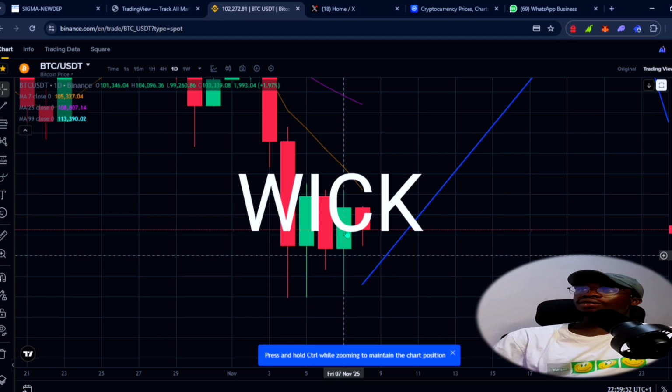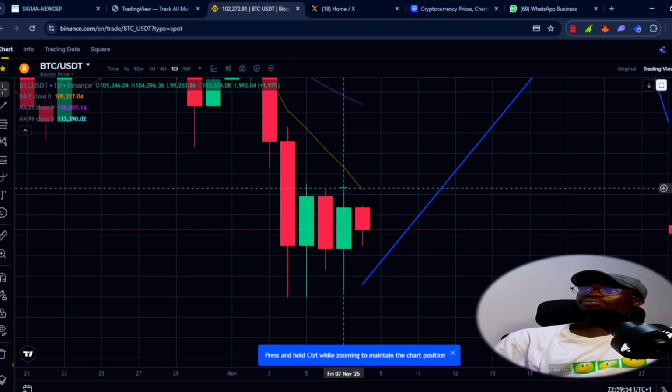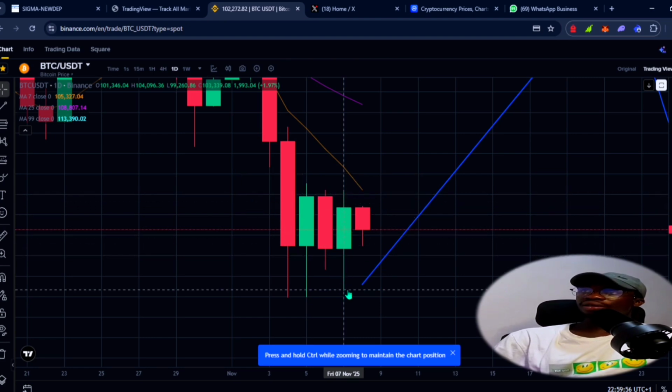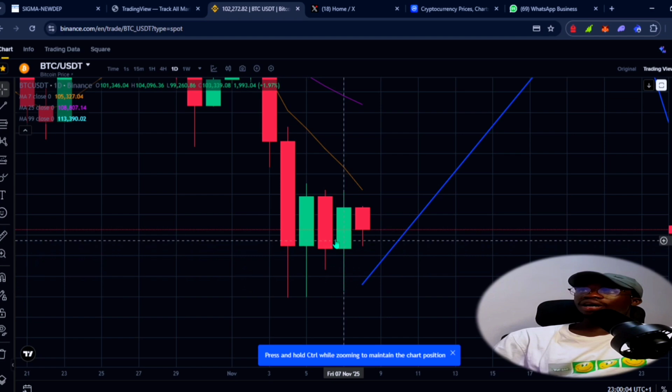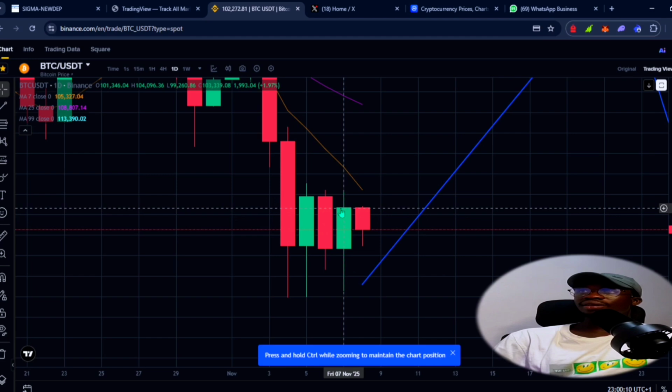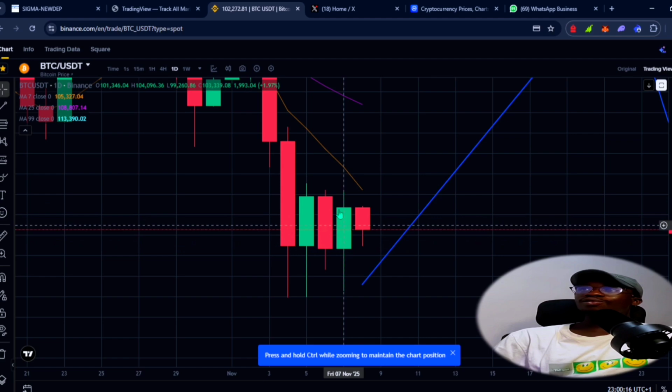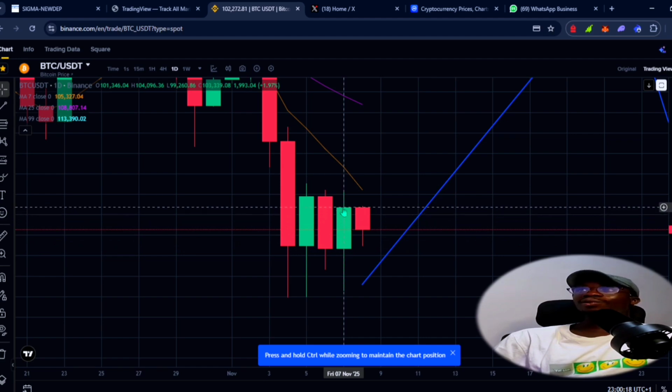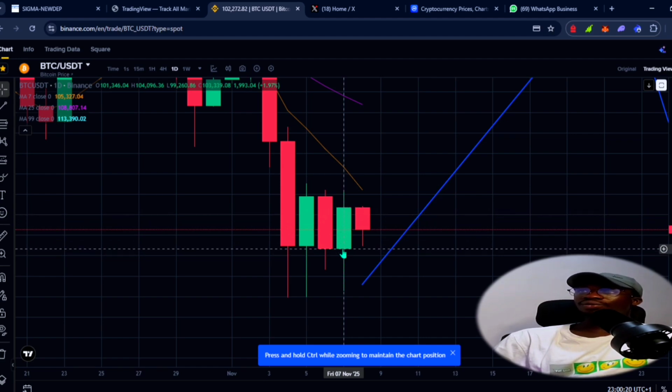W-I-C-K. Because the price action has reached this point and this point, that's why we have this wick reflecting on this. However, the market didn't close at this level. It closed at this level. It opened at this level and closed at this level. The market would only turn green if the close is higher than the open.